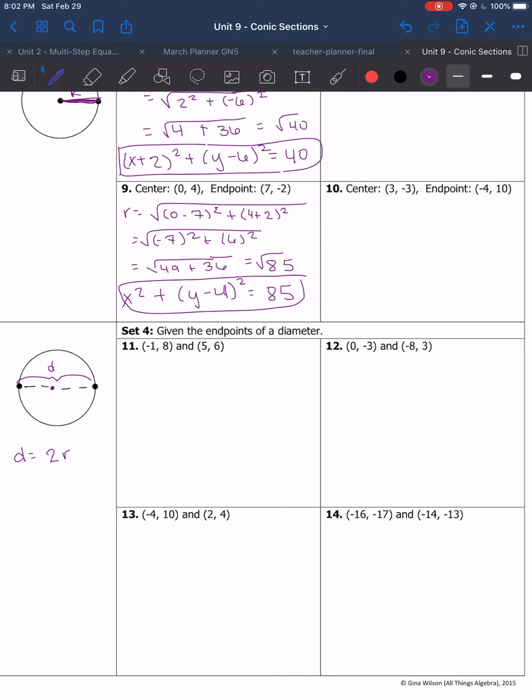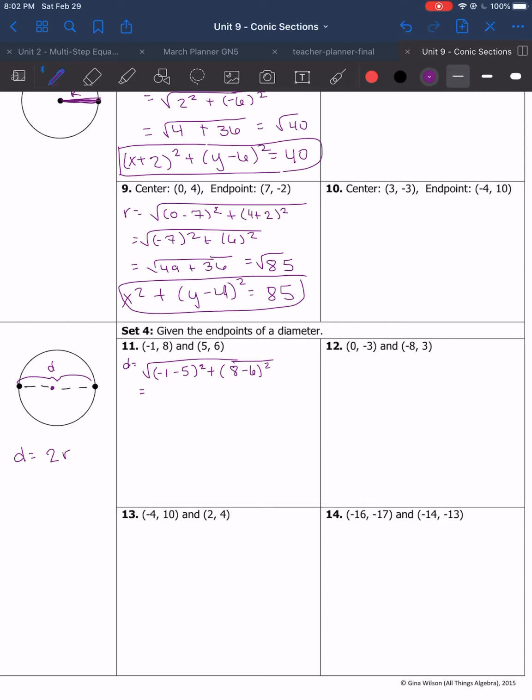And so when I do this, let's find the distance, or the diameter, first. So I'm going to have (-1 minus 5) squared plus (8 minus 6) squared, all under the square root.